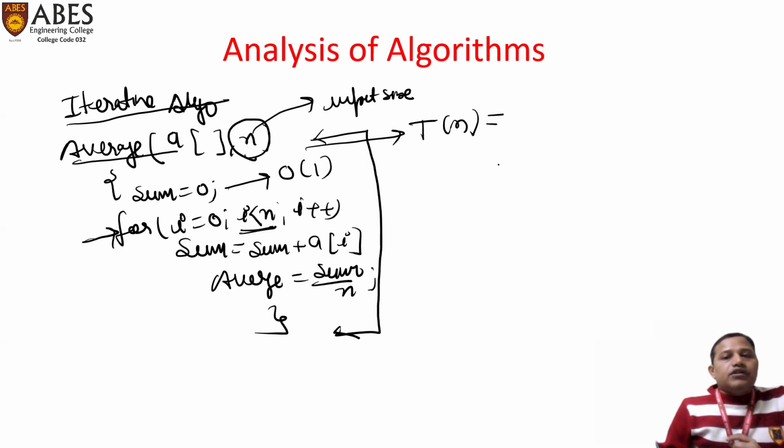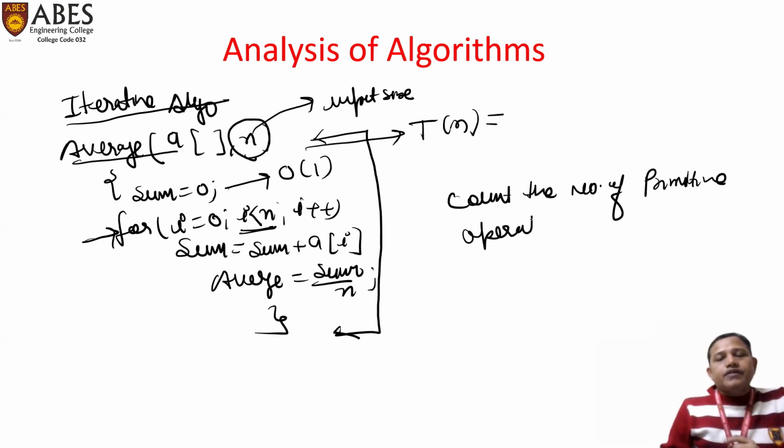So basically you can also explain time complexity as counting the number of primitive operations, that is steps, as a function of input size.